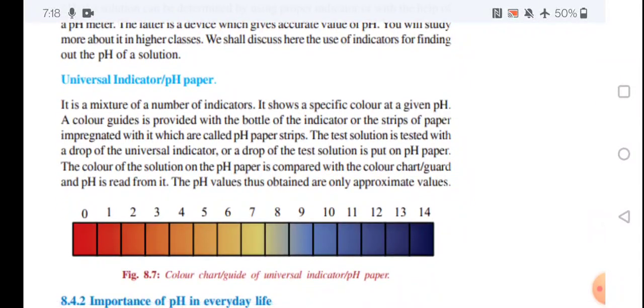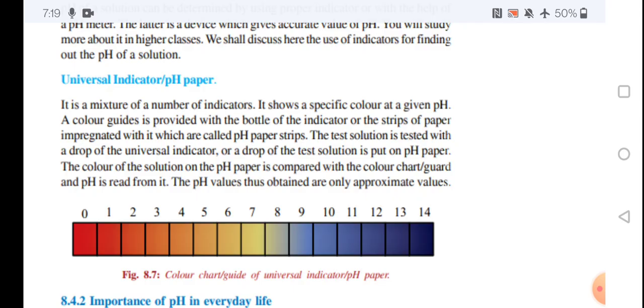See, this is the color chart or guide of the universal indicator, or pH paper. Here the paper shows colors ranging from 0 to 14, that is from red to blue. 0 shows deep red, a dark red, and 14 shows dark blue. See, in the scale, it changes from red to blue.